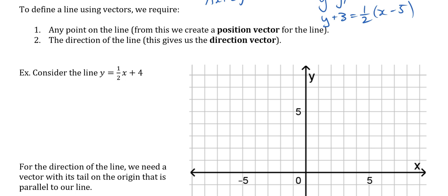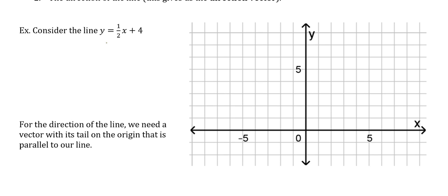So let's take a look at this line. We're going to graph it. In this unit, absolutely being able to graph lines easily and think about their properties is going to be pretty important, right? This is supposed to be a no-brainer for us.